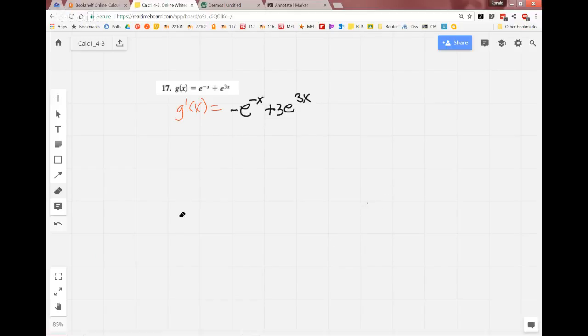Let's add e to the -x to both sides. Why set it equal to 0? Because we are trying to locate the points between increasing and decreasing. Add e to the -x to both sides.